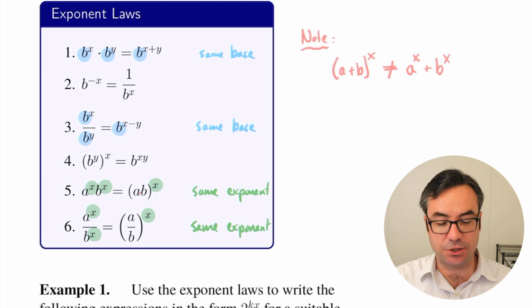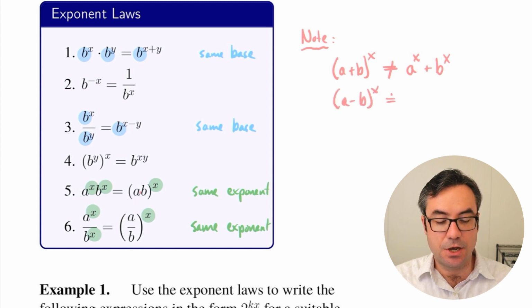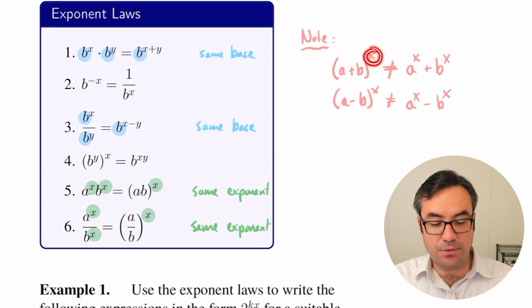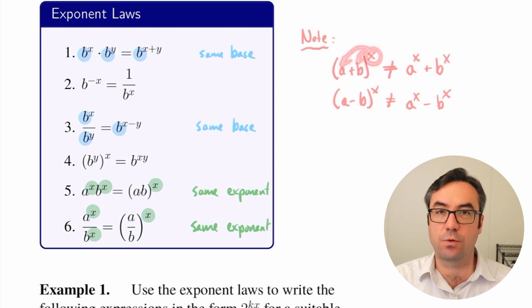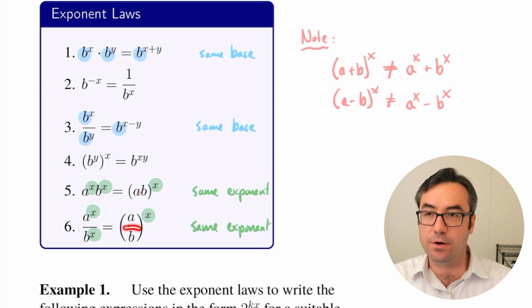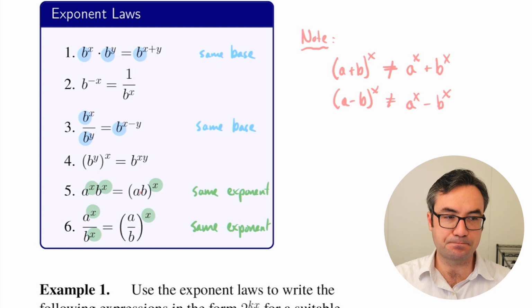Same thing with subtraction. If we have a minus b raised to the power x, usually it's not true in general. We can't distribute the exponent over addition or subtraction. It only works if we have multiplication or a fraction or division there.